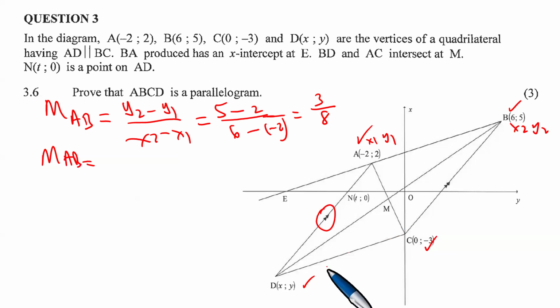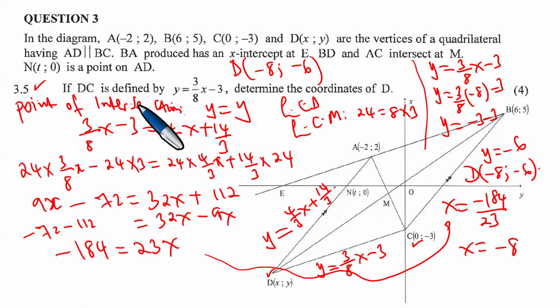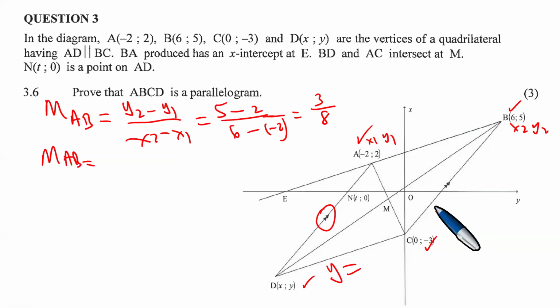They've already given us the equation of this line. What did the examiner say? They said DC is defined by the equation y equals 3 out of 8 x minus 3. So this is the defining equation.